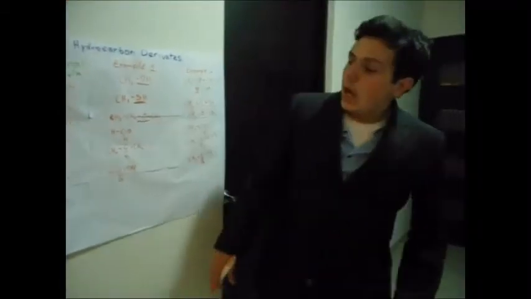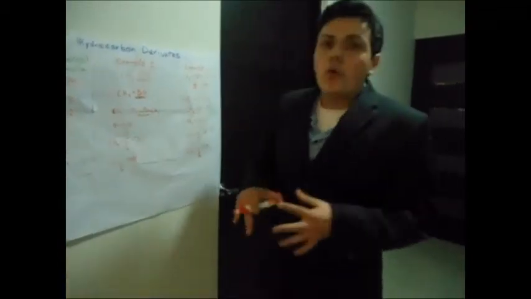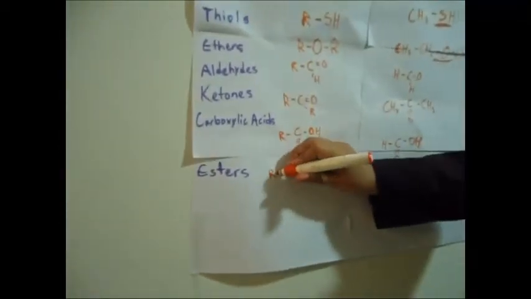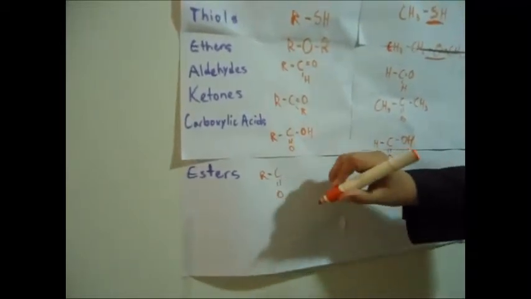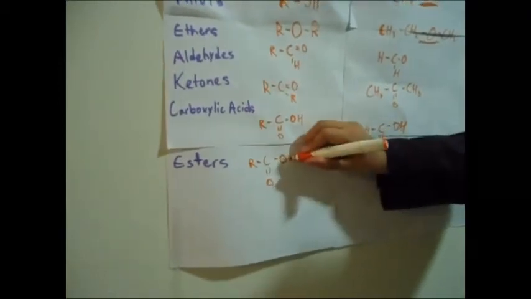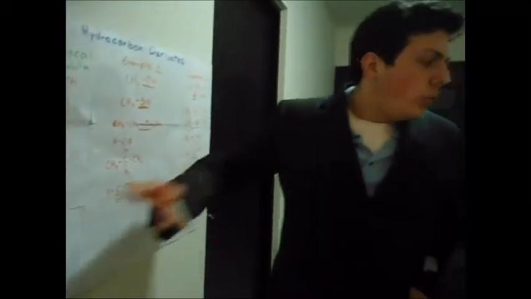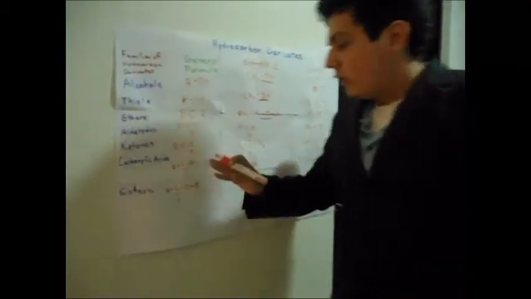And at last, for our last functional group, it will be the esters. The general formula of the esters is made by having the alkyl group, then the carbon and double bond with oxygen, then it is joined by another oxygen, and this one is joined by another alkyl group. An example of this one will be methyl formate.